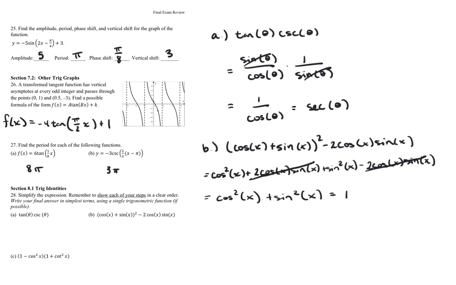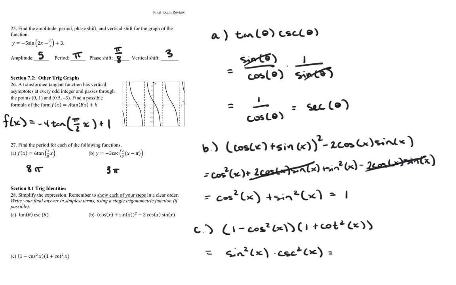For part C, we have 1 minus cosine squared of x times 1 plus cotangent squared of x. I know that 1 minus cosine squared of x is the same thing as just sine squared of x, using our trig identities, times, and 1 plus cotangent squared of x is the same thing as cosecant squared of x.